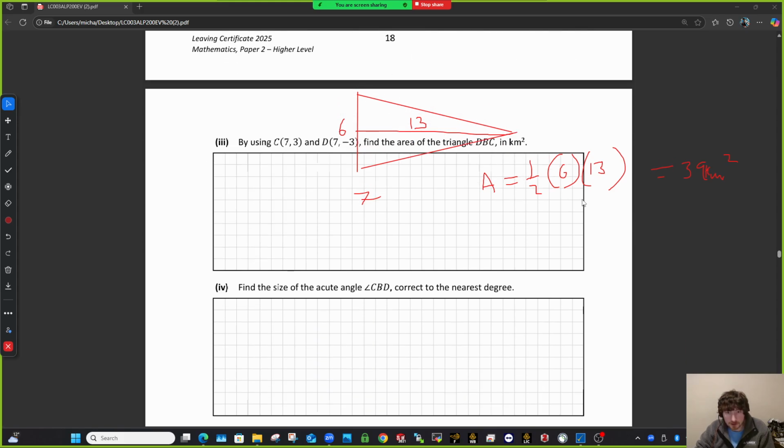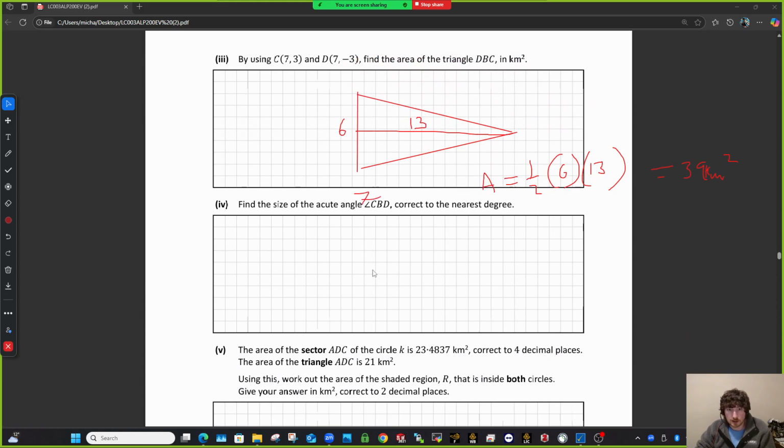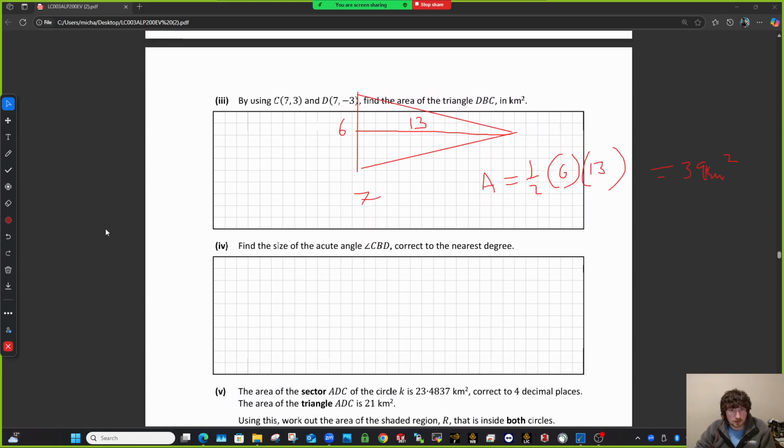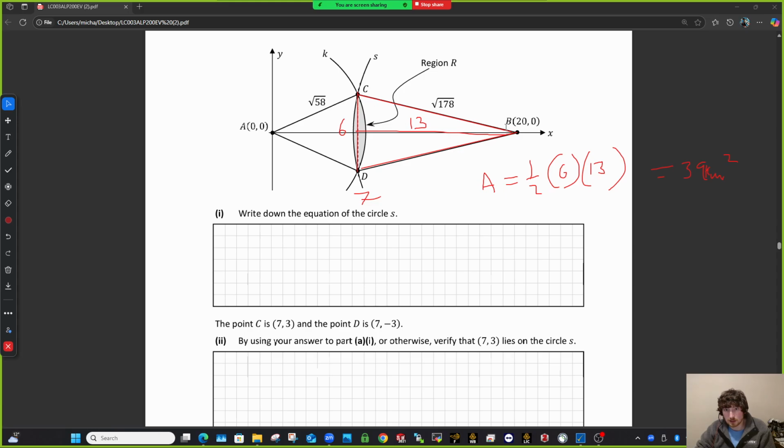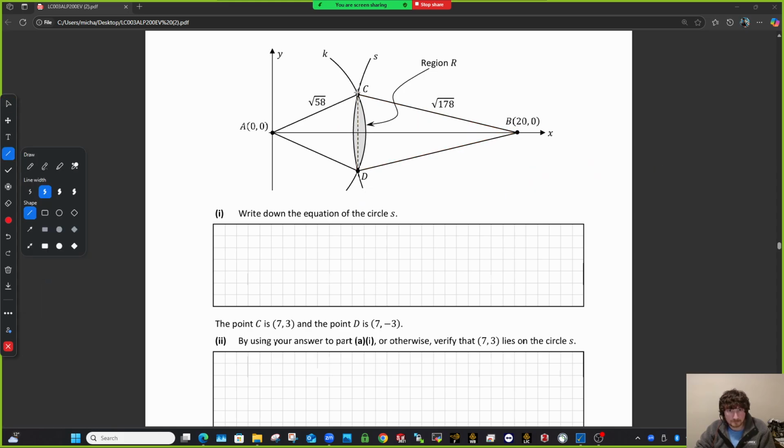Yeah, 39 kilometers squared. Now find the angle in this triangle. So let's do that. So CBD, yeah. So CBD is this angle in here. So to get that angle, let me clear that away. It's maybe a good idea to split this big red triangle up into a smaller triangle here, like this.